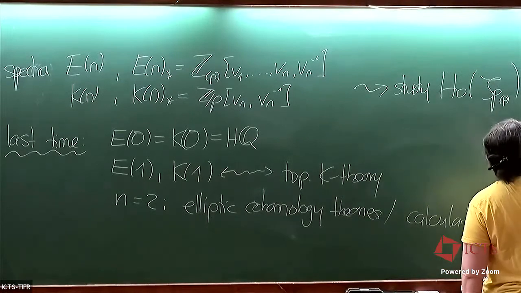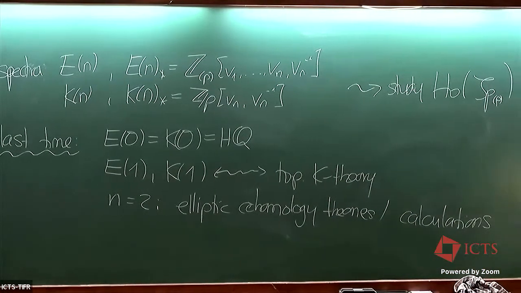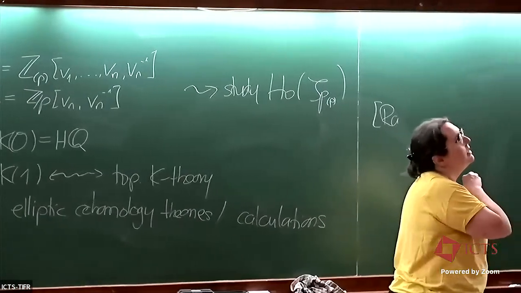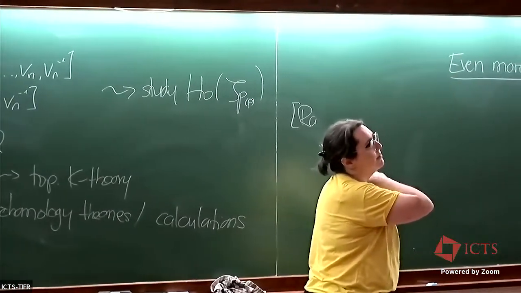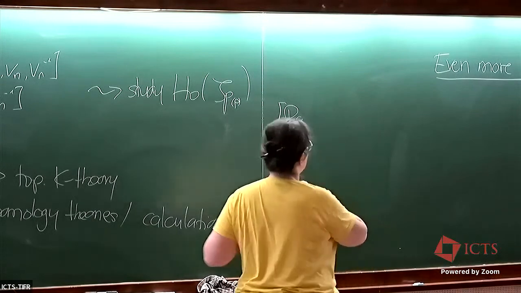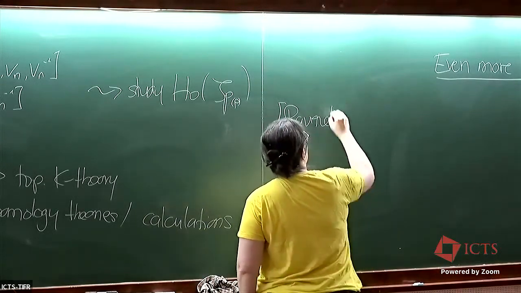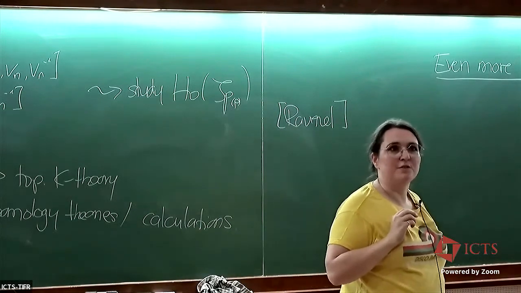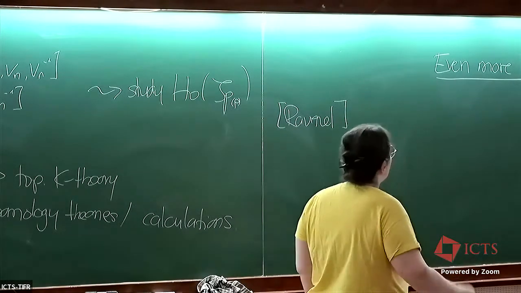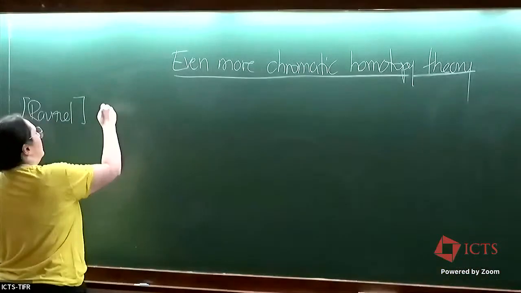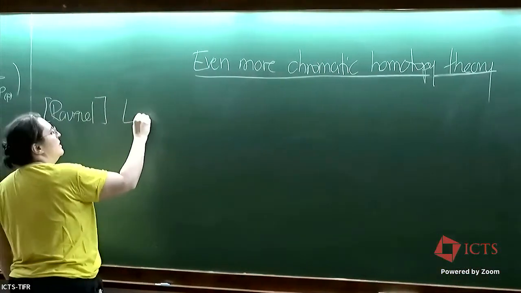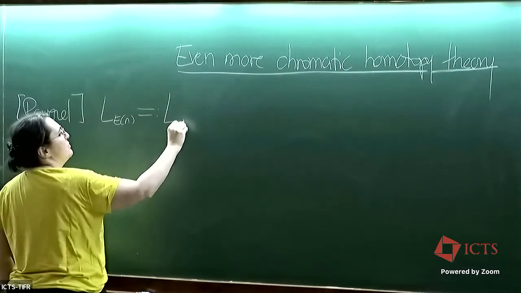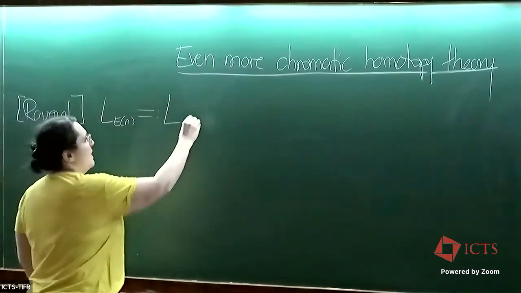So the first thing, where is this one? Let's put it a bit higher up. So the first thing to say about En is that by work of Ravenel, and it occupies huge chunks of his orange book, localization with respect to En, which you remember we just wrote as Ln, is smashing.